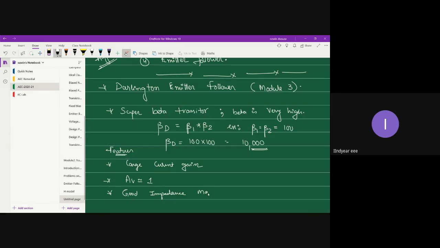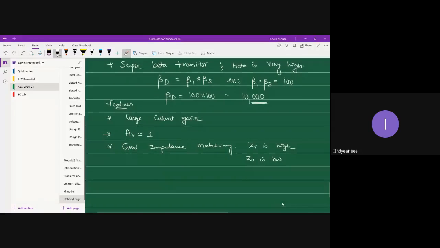That means Zi is high and Zo is low, as expected. That is what an emitter follower circuit should be doing. The only addition is that it gives extremely high current gain compared to a conventional emitter follower circuit.